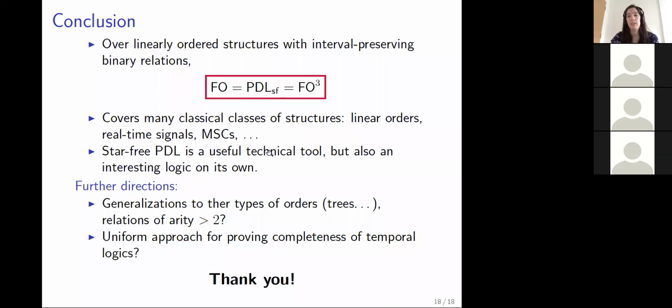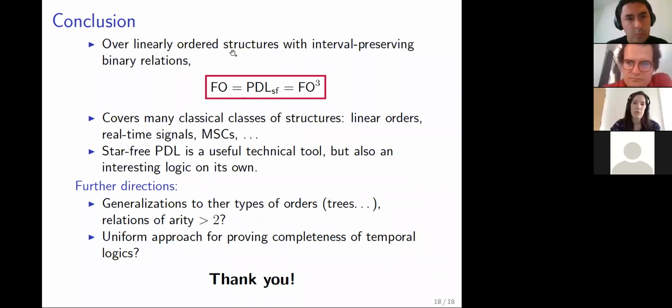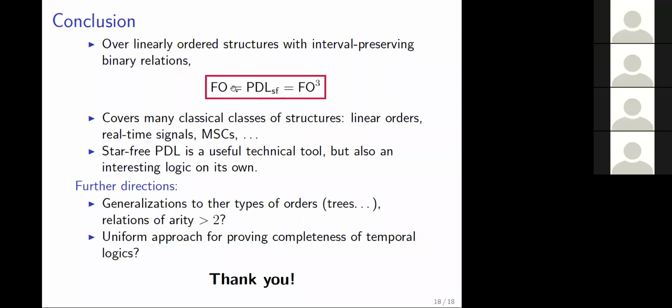I have a non-elementary blow up, basically because in the induction I have to always put the formulas in disjunctive normal form and so on. So I have to go from conjunctive normal form to disjunctive normal form.